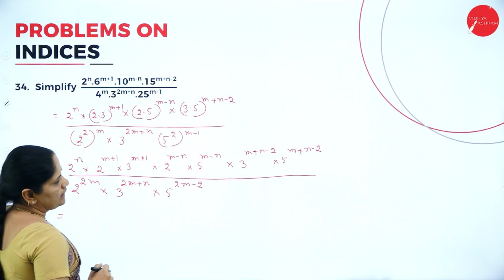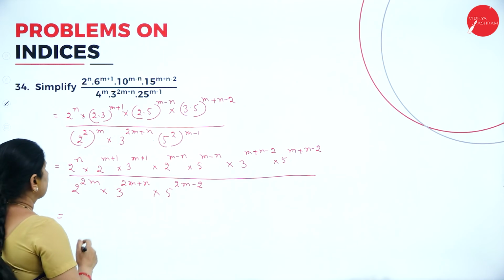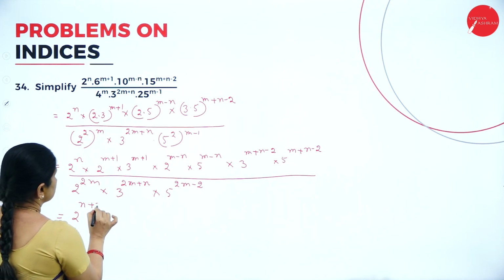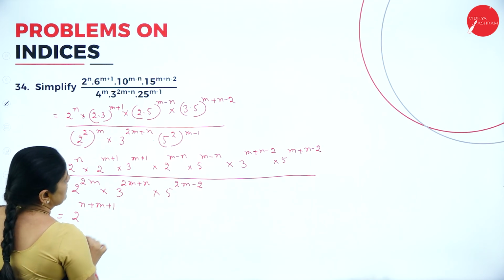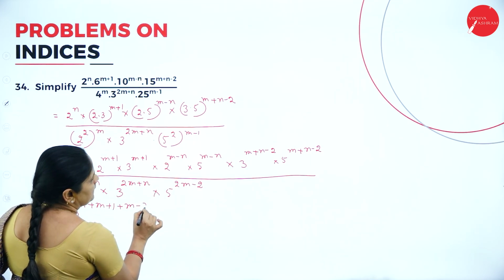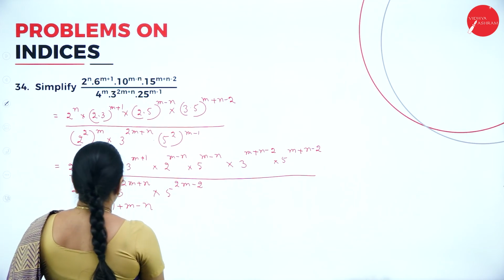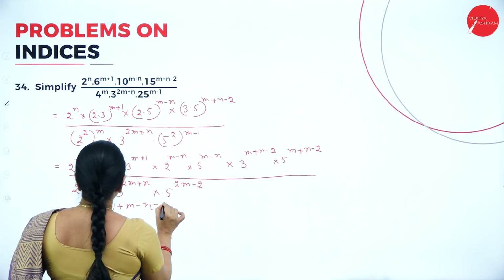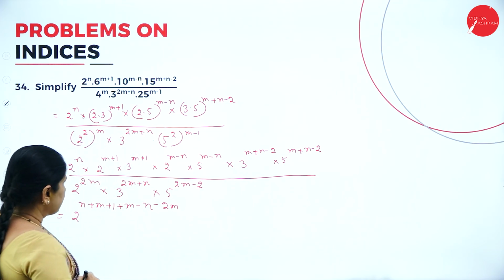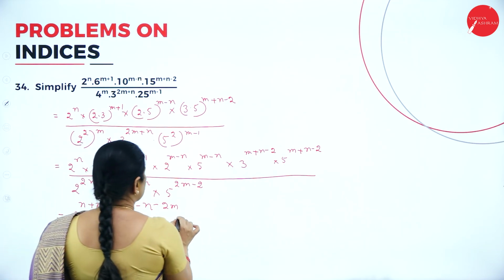Whatever are the base 2, I will segregate here. So 2 to the power of n plus m plus 1 plus m minus n, then minus 2m. Then next I have this base 3.